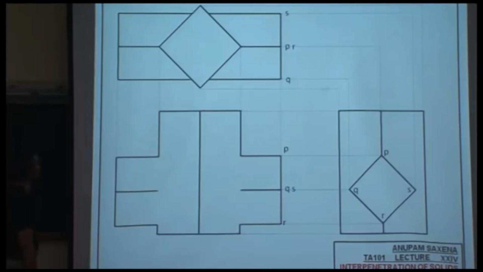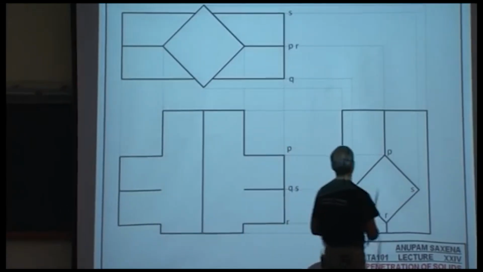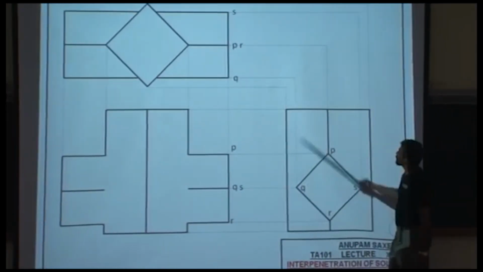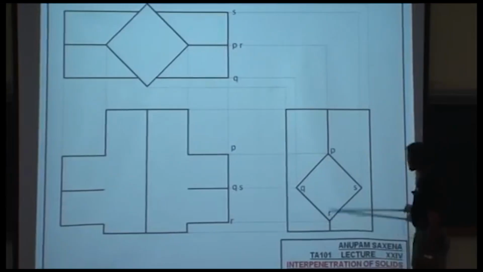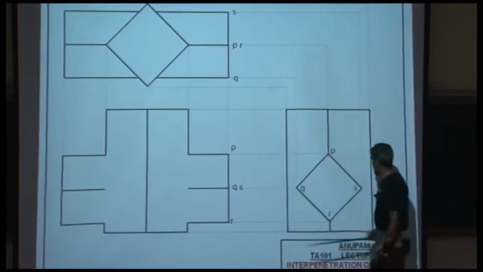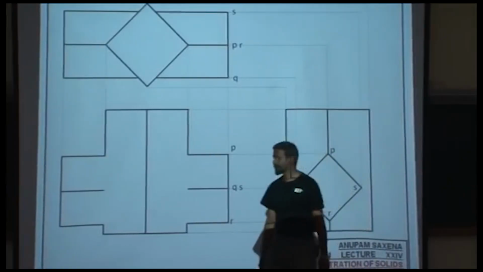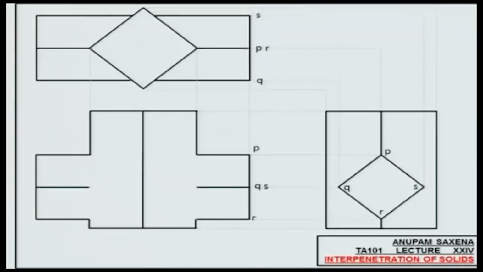So if you go on to your top view, line P appears here, Q appears here, R again at the center, and S onto the top. All right. Label the vertical prism in the front view.